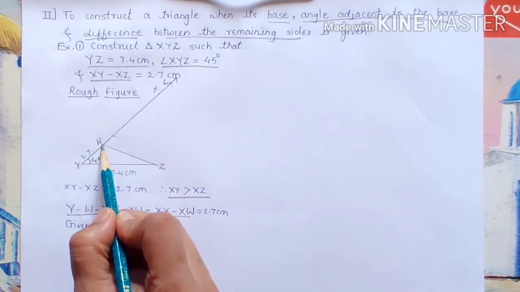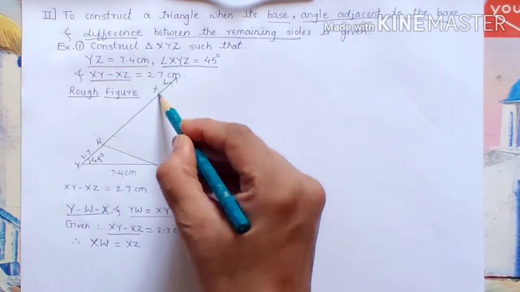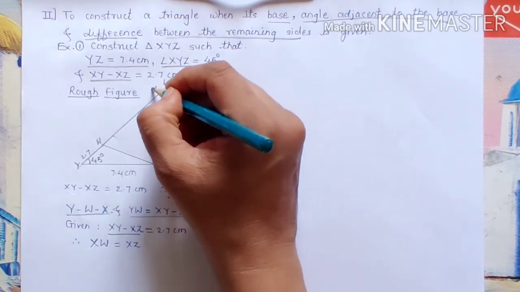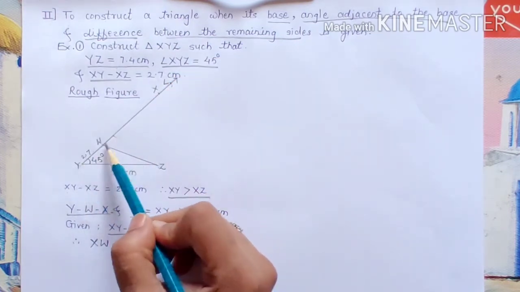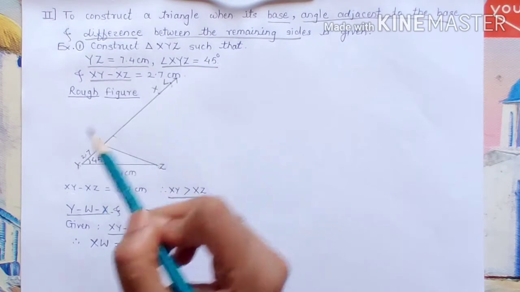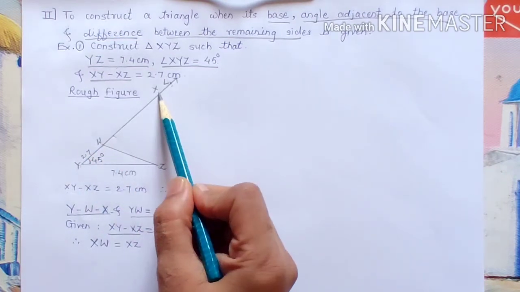Now point X will be on this ray YL somewhere here. So somewhere here I have shown point X, where point W is in between Y and X.